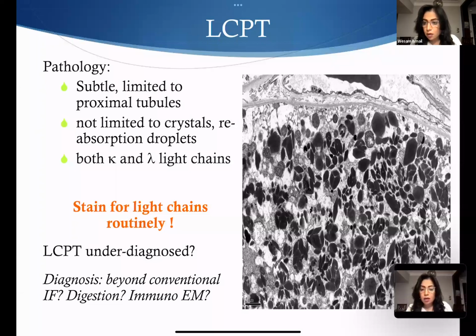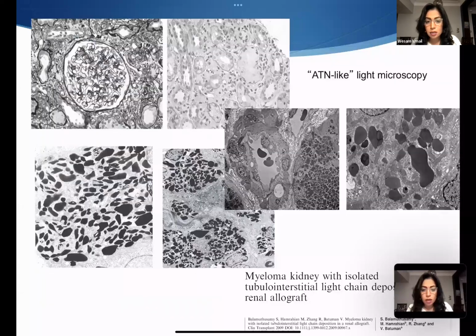Could it be underdiagnosed because it's actually not that easy to suspect or detect upon regular morphology? Is it always that overt? Are we missing more cases? Is it part of the presentation usually of these patients? We don't know. So these are also questions which remain unanswered.